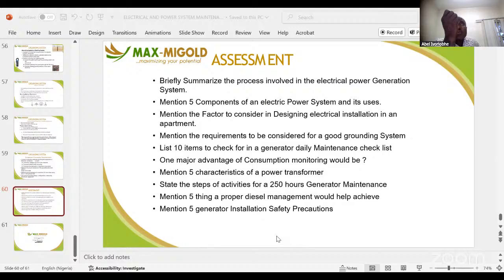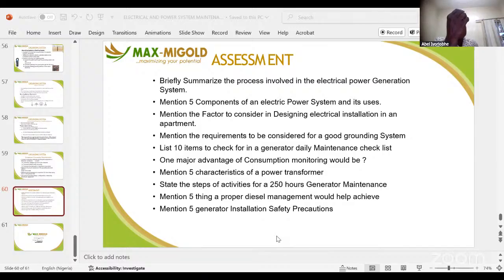If the resistance is too much, it will give partial contact. From there, the standard voltage will not be delivered to your equipment. It will start reducing. Before you know it, you start operating your equipment with low voltage, which will damage your equipment.